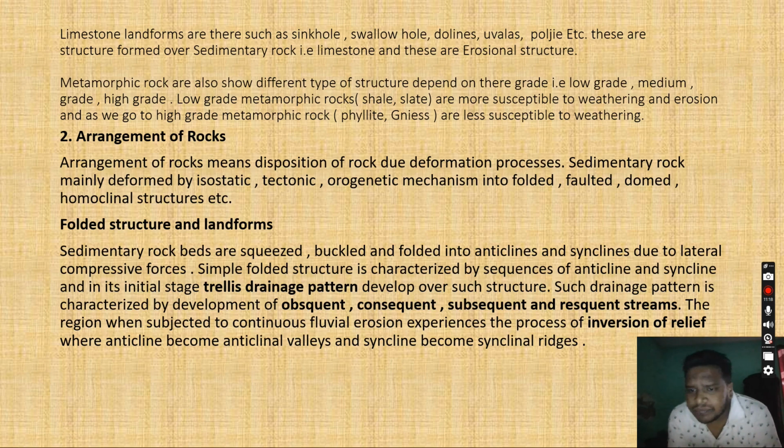If you talk about the depositional characteristics of karst topography, we have some cave structures. When CaCO3 dissolves in the solution and the solution becomes saturated with CaCO3, there is no space for further saturation.